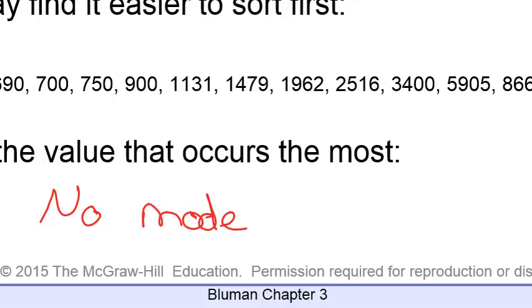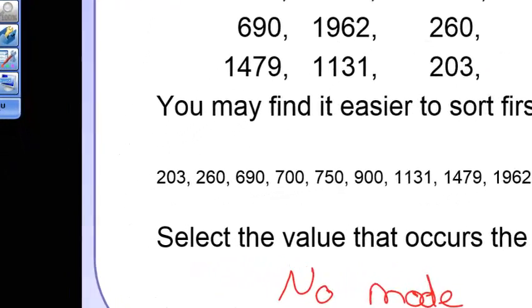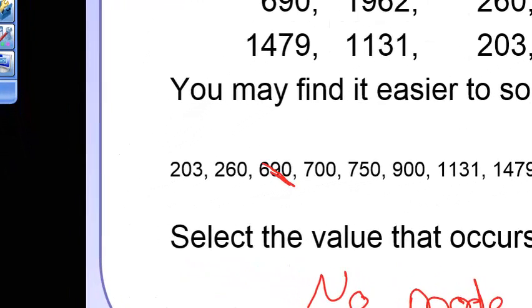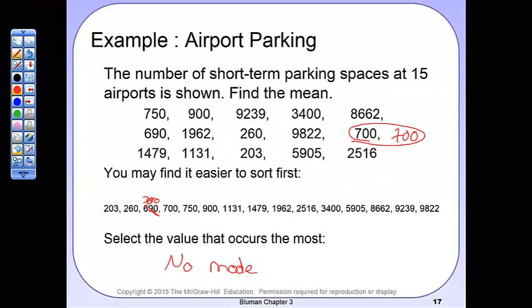Now if I were to add another 700 on here, 700 would be the mode, because it would occur the most often. In other words, if I were to replace the 690 with a 700, then my mode would be 700. Let's say I replaced the 690 with the 700.